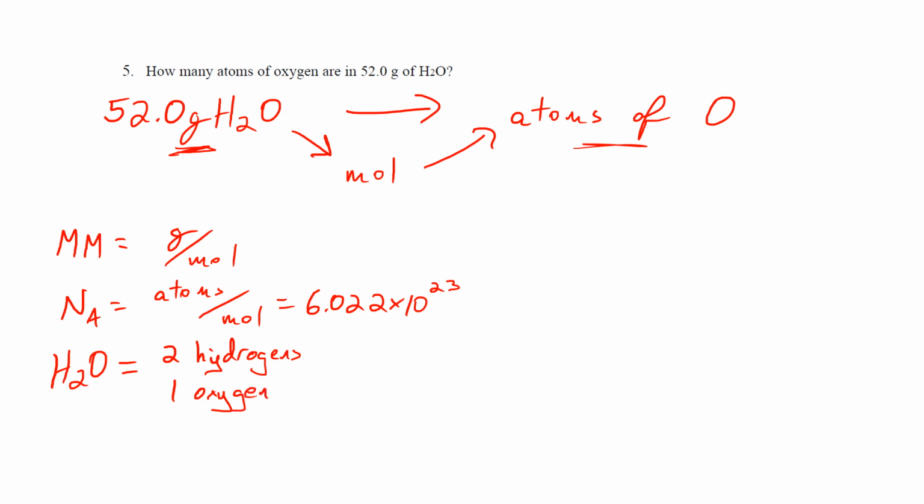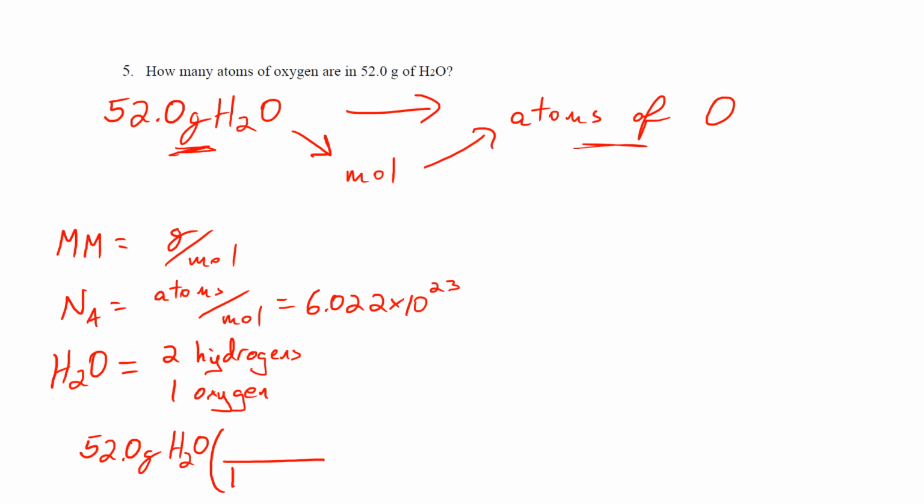This is just the molecular formula, and that's what it tells me. All right, so now if I want to do this, I can start off with 52.0 grams H2O, and I need to piece together all this information.